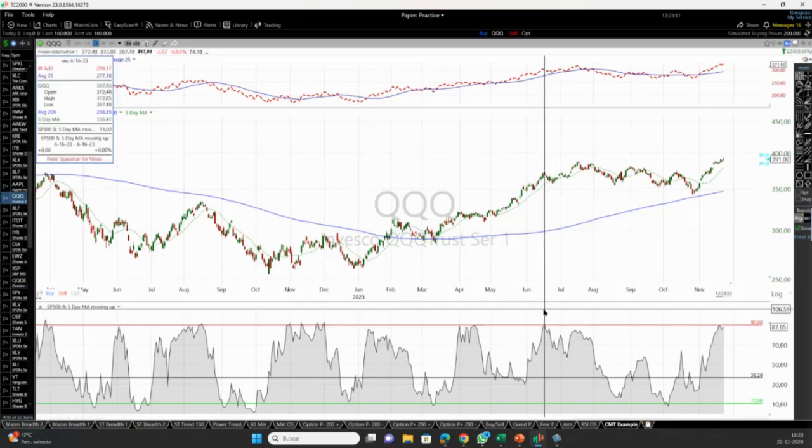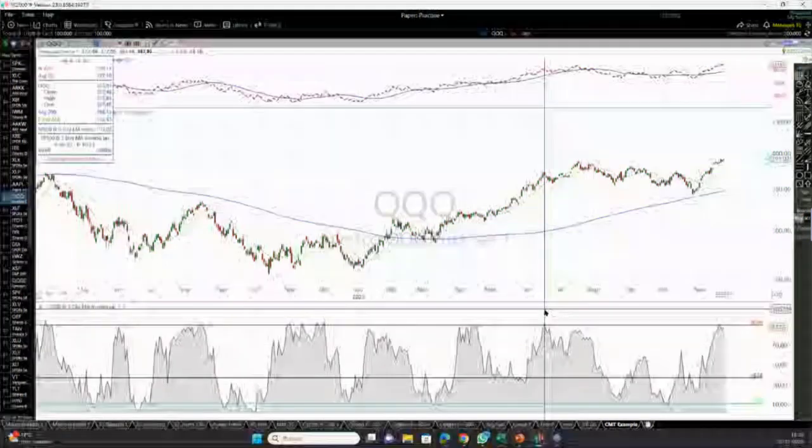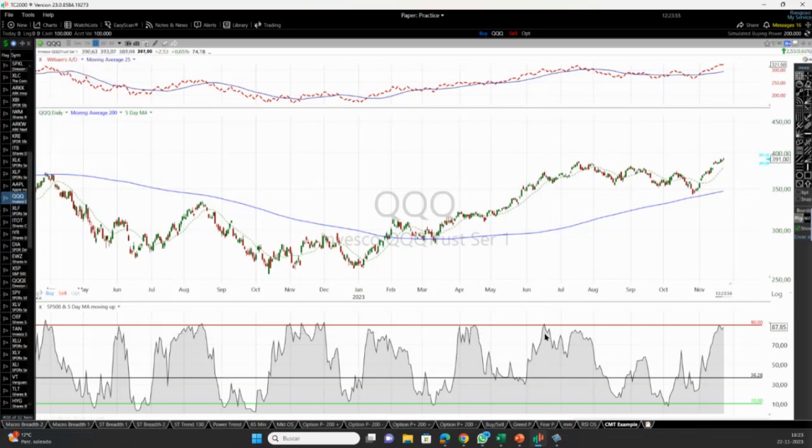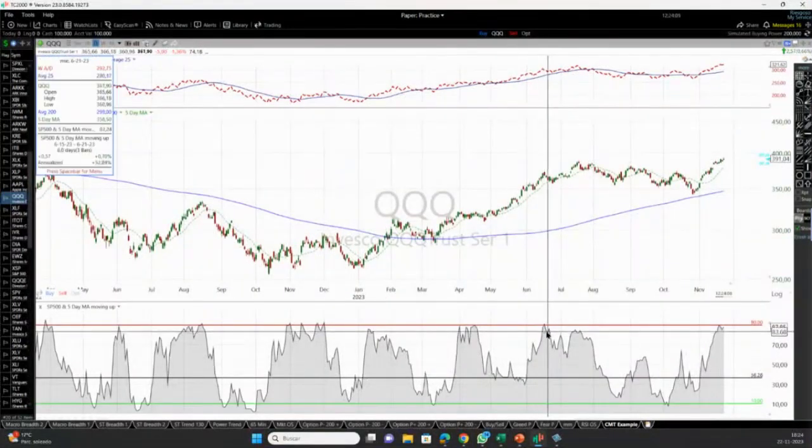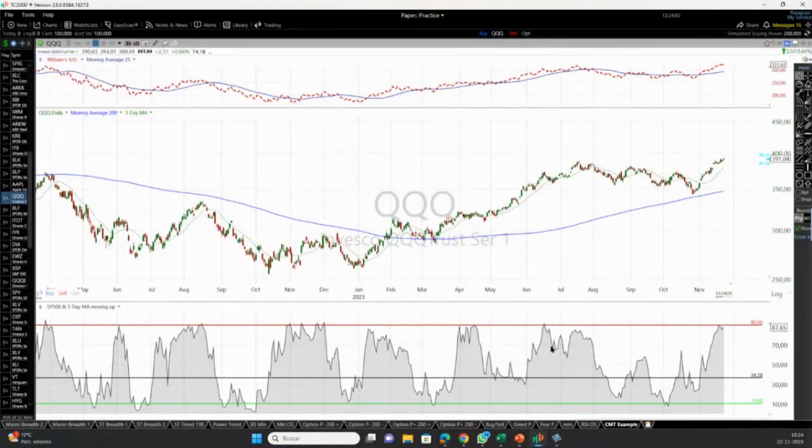So for example, when you're near 90% of stocks having a positive, trending higher 5-day moving average, it's a sign of an overbought market, and we can probably get some mean reversion and consolidation. The same is true when we get below 10%, like over here.